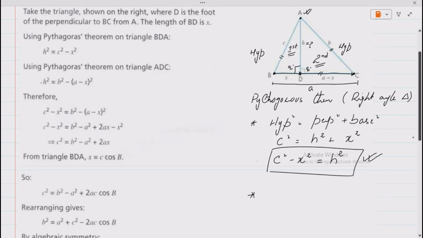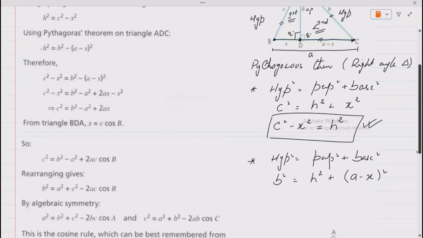x. Okay, so again, hypotenuse square equals perpendicular square plus base square. Now the hypotenuse here is b square. Perpendicular, we know it is h, which we have to find. Plus base is now a minus x square, right?